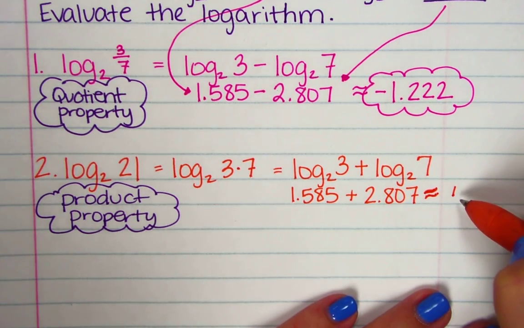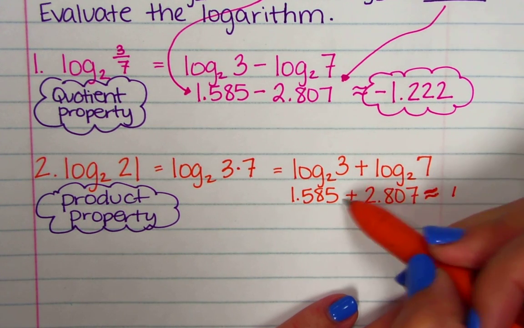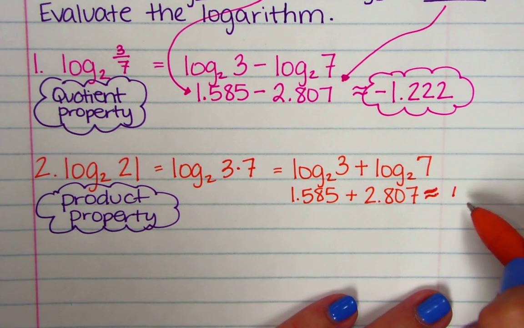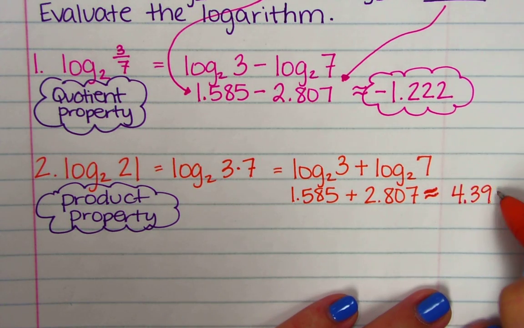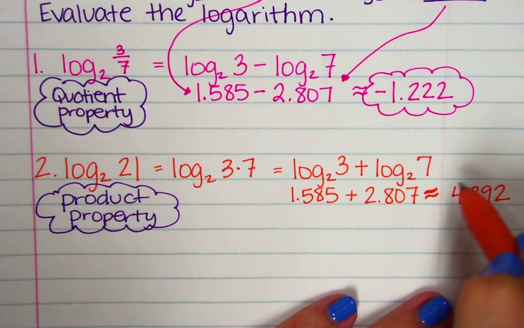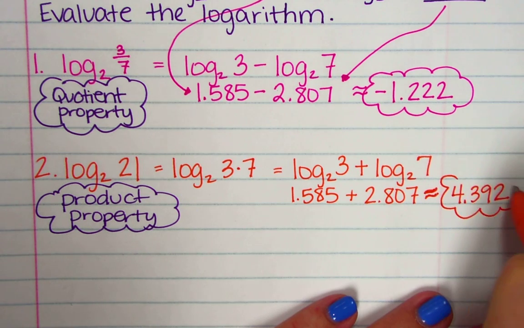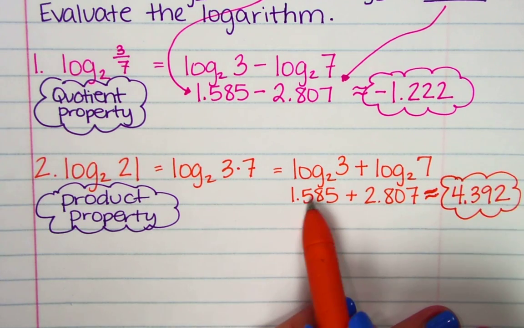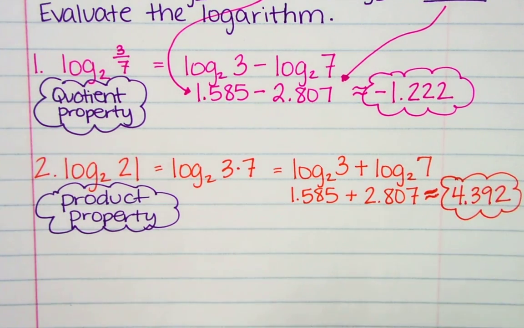I know it looks about 3, but since 0.8 and 0.5 add up to 1 as well, we get 4.392. We got that from adding these two together. You with me on that one?